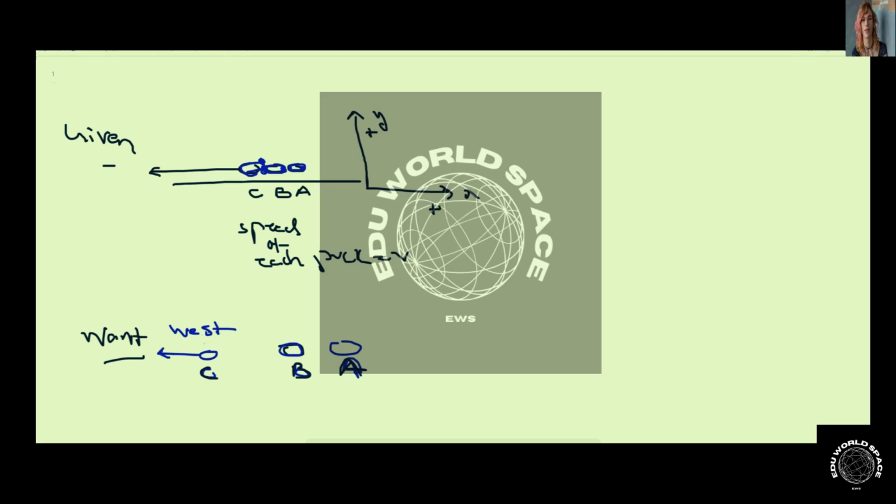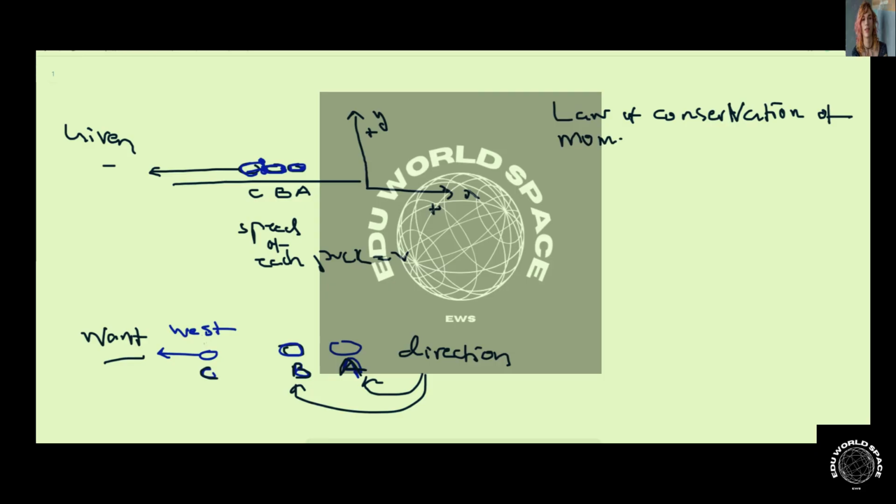So the first thing we need to do is find the direction. Our goal is to find the direction that A and B are going to go. So the first thing is to use the law of conservation of momentum, which says that the initial momentum is equal to the final momentum.